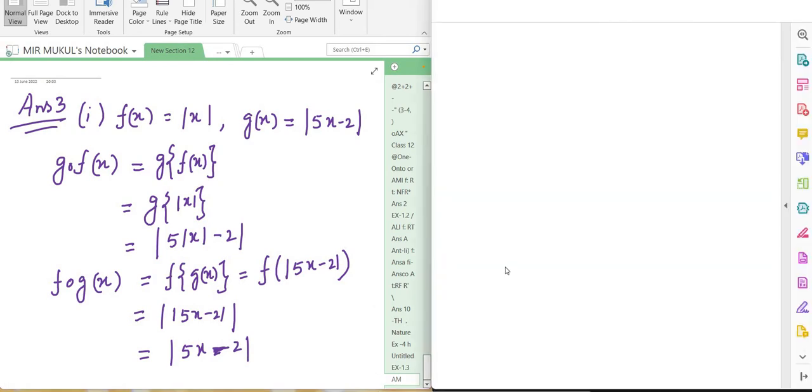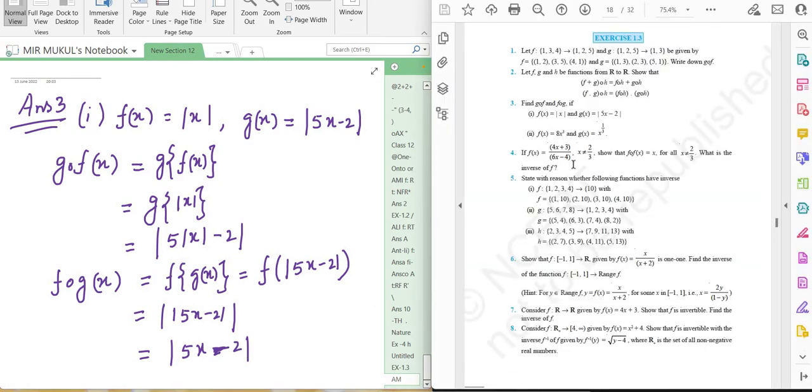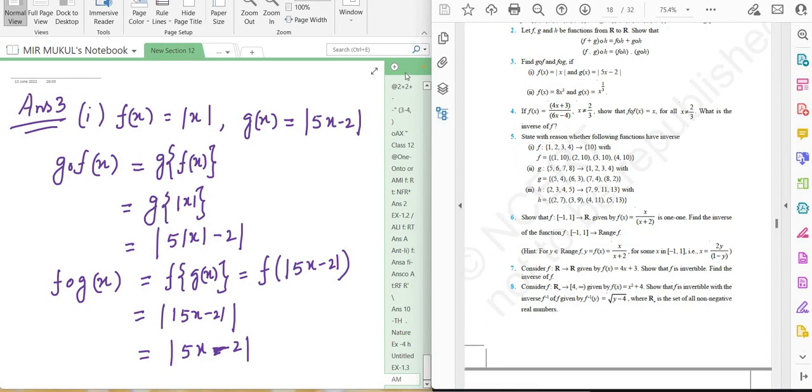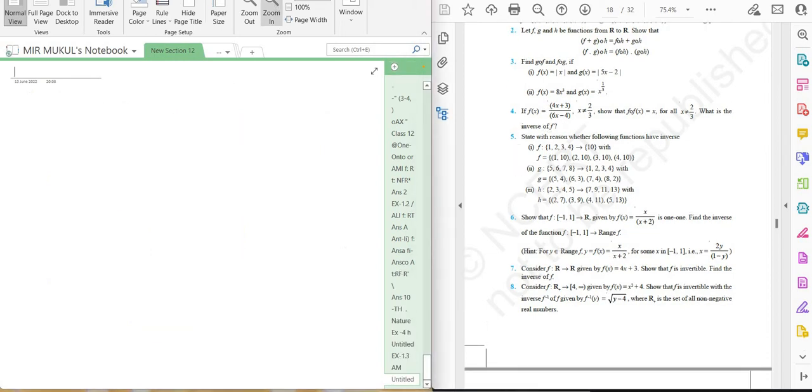Okay, so the second part you will do, right? Now I'm doing question number 4. f(x) is given. Show that f of f(x) equals x for all x not equal to 2 by 3. What is the inverse of f?